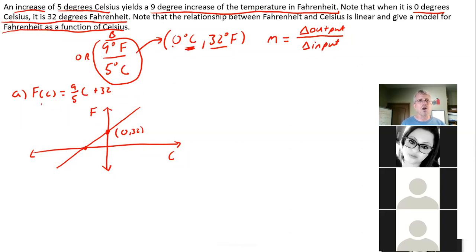I've already solved for Fahrenheit because my model gives Fahrenheit as a function of Celsius. So Fahrenheit's been solved for. Oh, for Celsius then. It depends on what you mean by that. What do I know about the ordered pair right there? What do I know for sure? The F, Fahrenheit, is 0. There is no Y.